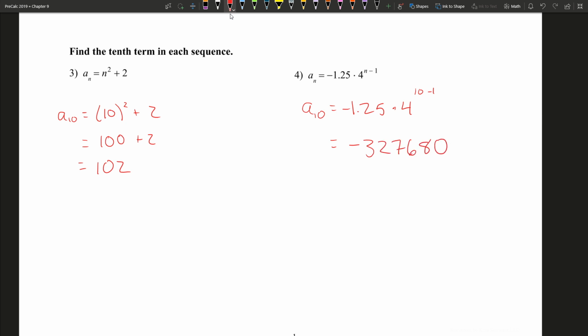Okay, so when you plug in 10 to both of those, for number 3 you get 102, and for number 4 you get negative 327,680. So this is just plugging in a number for n.